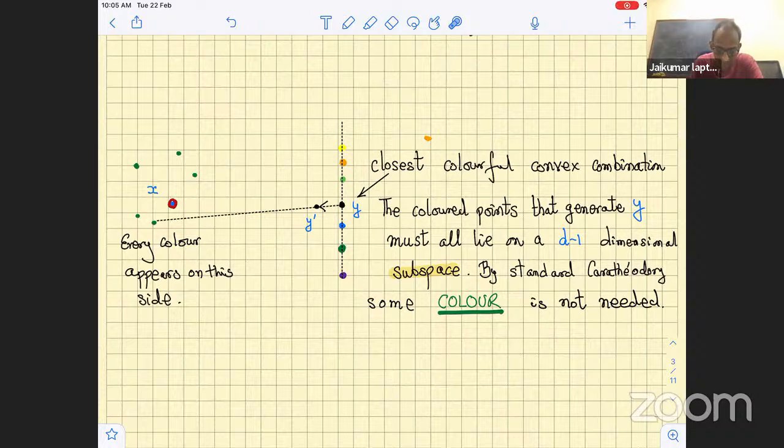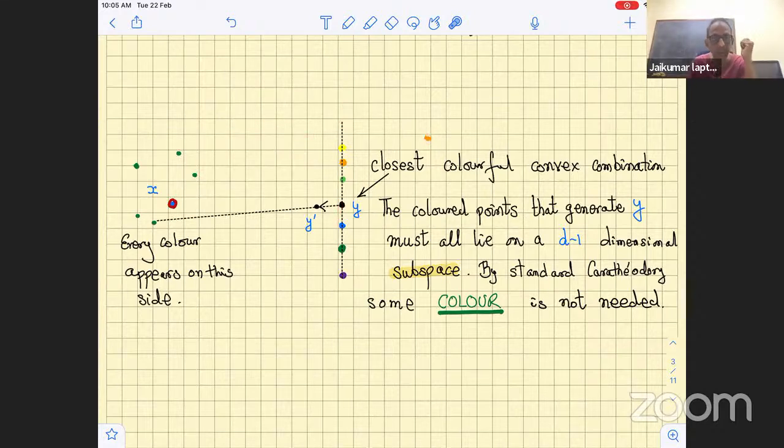For example, suppose you put your coordinate plane like this. The convex combination of all these points is Y. So if this point is giving you a positive contribution, there must be some point which is giving you a negative contribution for this point to lie on this hyperplane.